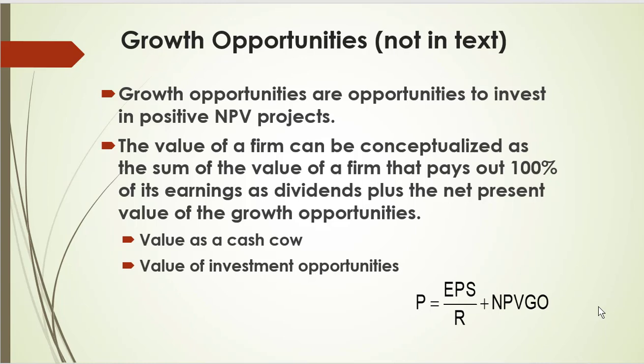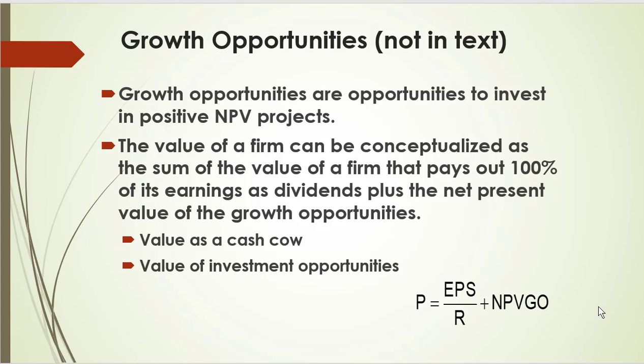What we want to talk about here is something referred to as growth opportunities. The growth opportunities really look at a company's strategy in its investment process, right? So the value of a company can be conceptualized as the sum of the value of what a firm pays out of its earnings, right? What would it be worth if it paid out everything as dividends, plus the net present value of any of its growth opportunities moving forward.